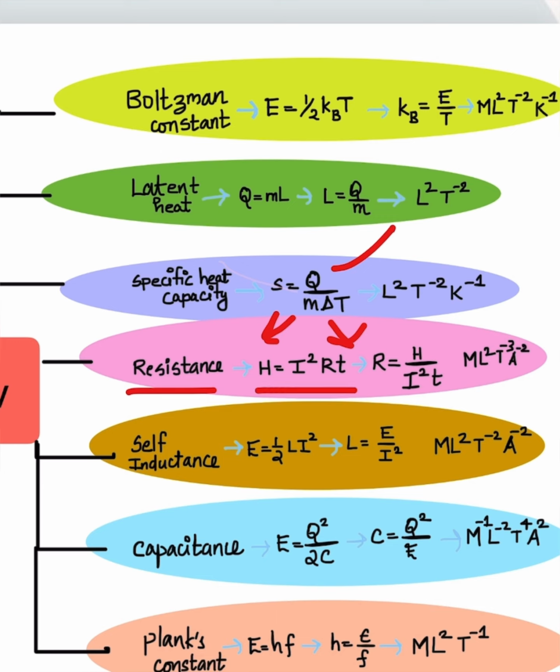Resistance: H is equal to I²RT. For resistance we have to know this equation. R is equal to H divided by I²T. H is the heat energy, that means ML²T⁻², and I is the current, which means ampere squared, and T is the time.